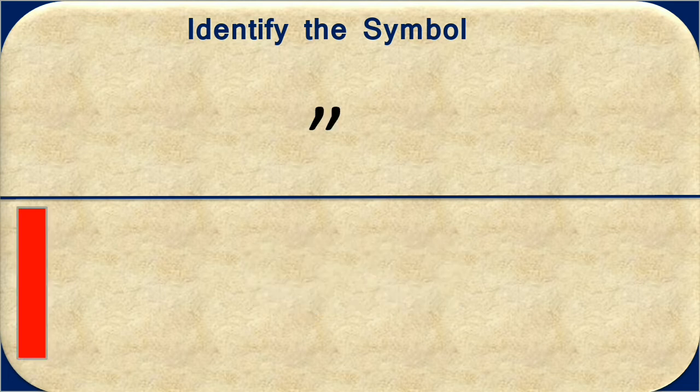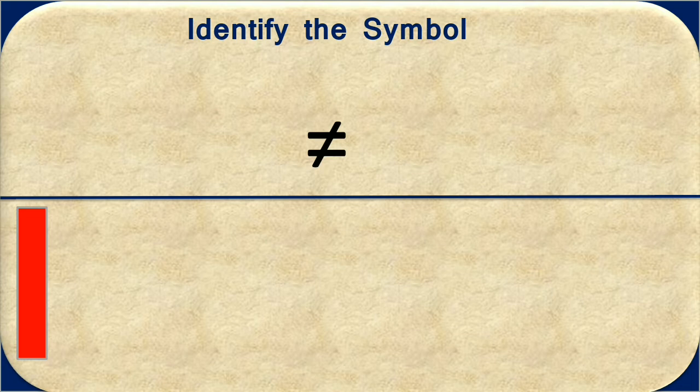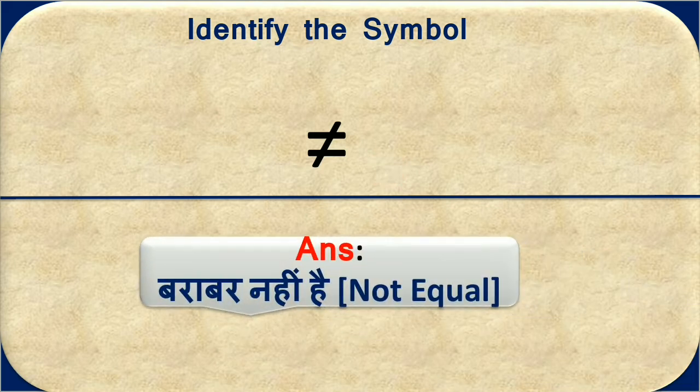Identify this symbol. This symbol is of. Identify it quickly. This is of second. Identify this symbol. This symbol is of. This is not equals, barabar nahi hai.